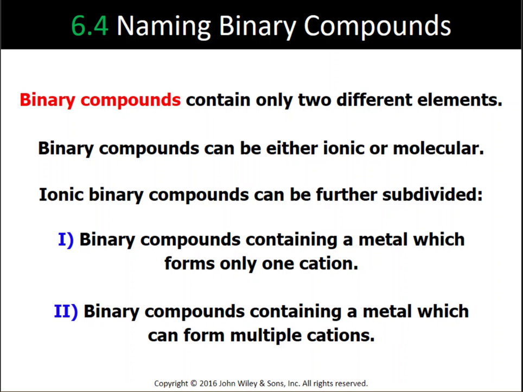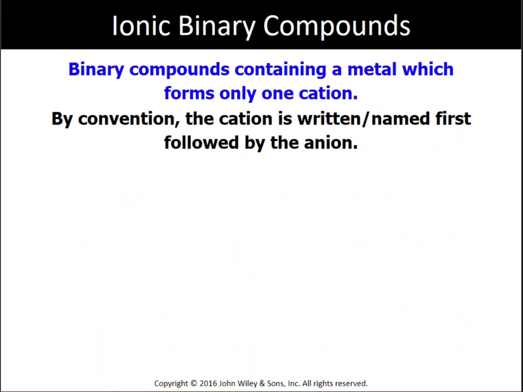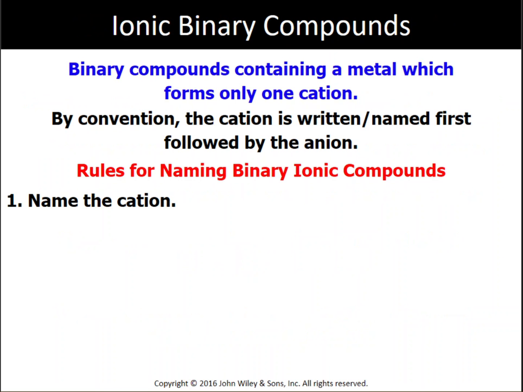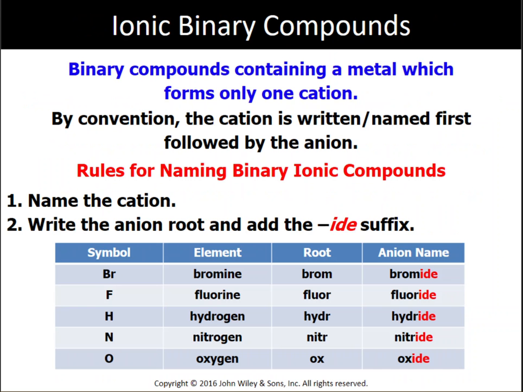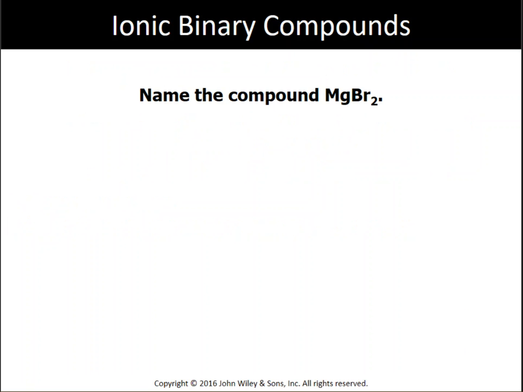Again, in order to write the formula of an ionic compound or to name it, we first write the name of the cation followed by the name of the anion. And remember, for the anion, the suffix always ends with -ide. Let's do more practice. We want to name this compound. First of all, you want to know what type of compound it is.